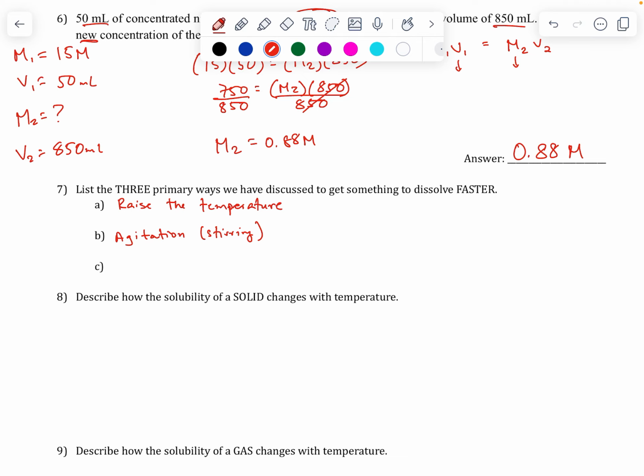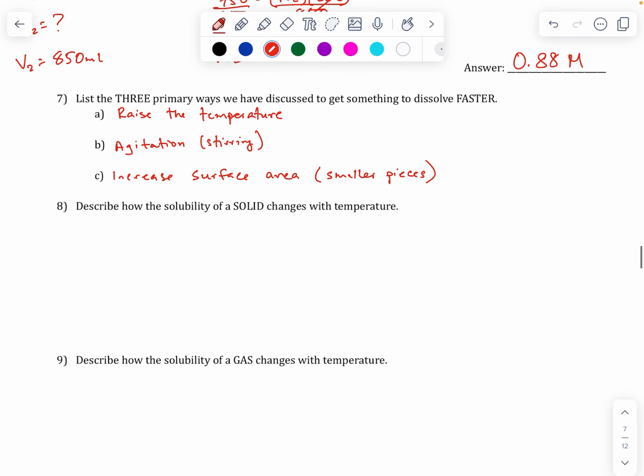And then, of course, you can increase the surface area, or what we say is crush to smaller pieces. That's why a lot of our sugar packets and things that we have to dissolve come in very, very tiny granules as opposed to big tablets.